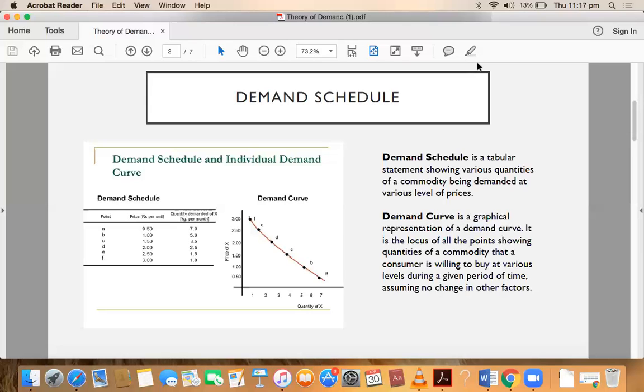It is the locus of all the points showing quantities of a commodity that a consumer is willing to buy at various levels of price during a given period of time, assuming no change in other factors. This is demand schedule and demand curve. This is individual demand schedule and individual demand curve.